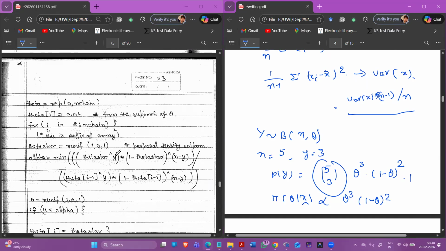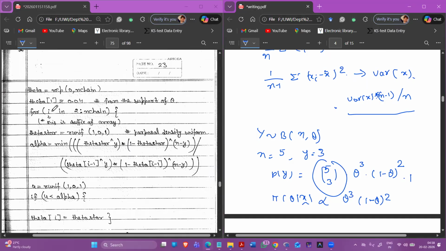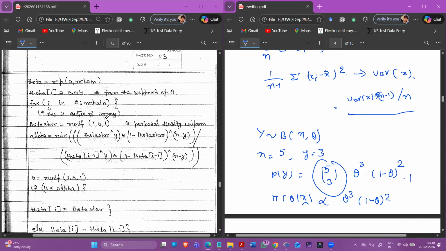After that I am applying a for loop from 2 to n chain, meaning 1,000 times. After that, theta star I am going to generate from the uniform distribution on 0 comma 1, because my proposal density function should be uniform.